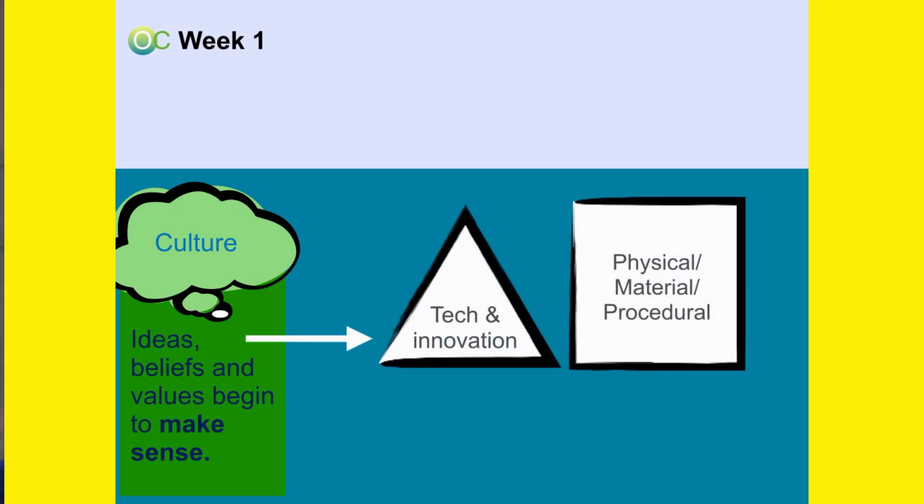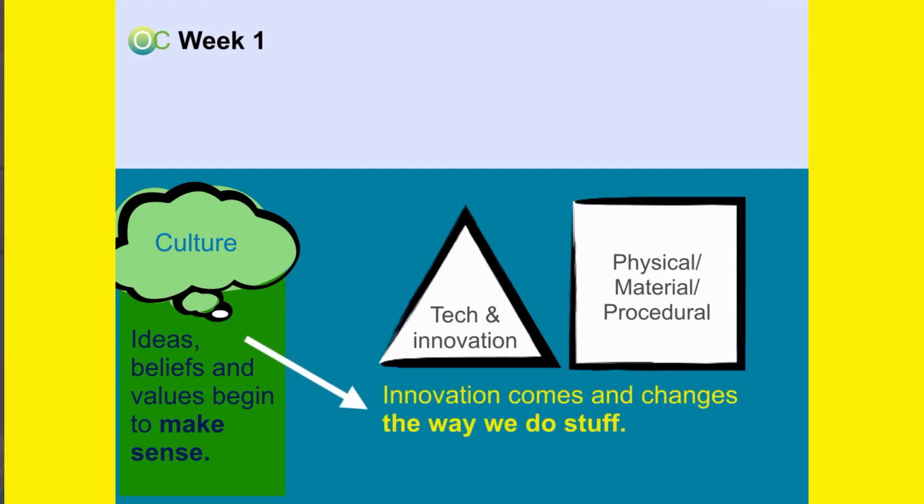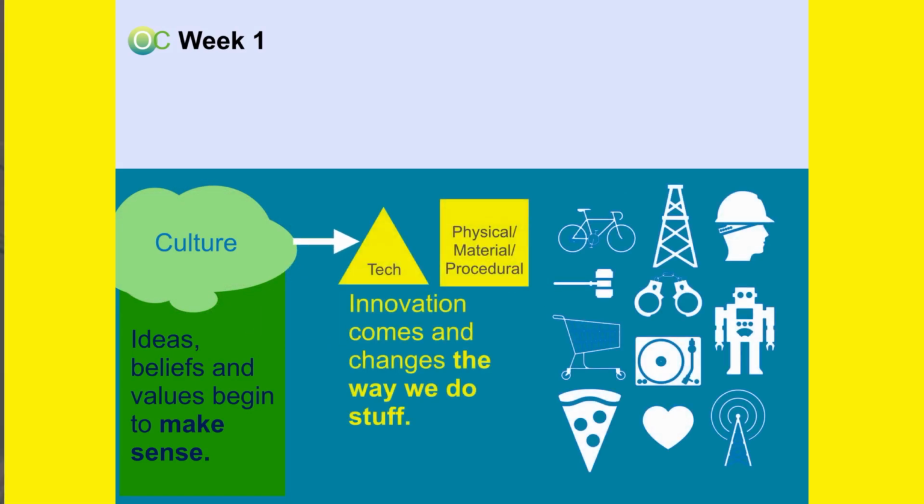However, the technology and innovation maybe comes too quickly, and the physical, material and procedural elements need to change quite rapidly. And if they don't change rapidly enough, then there's a little problem of stability. In which ways can technology come along and change and modify the way we do things?